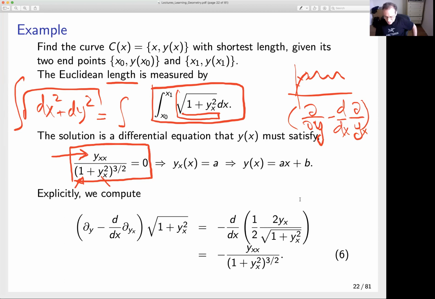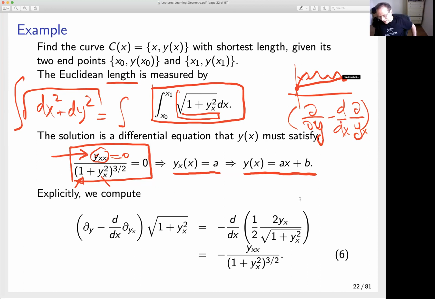So if, for example, we'd like to explore what would be the solution of fixing my function at 2 points, and then asking what would be the curve of minimal length, what I would get is that y_xx should be equal to 0, which means that y_x should be equal to a constant, which means that the straight line is the shortest path connecting 2 points.